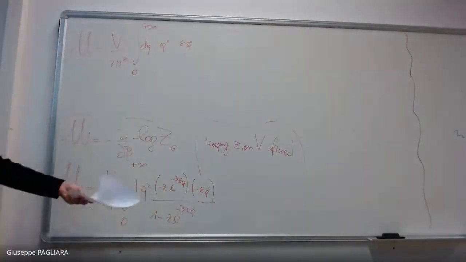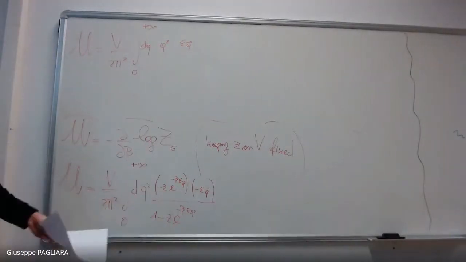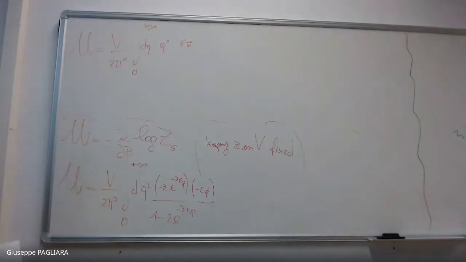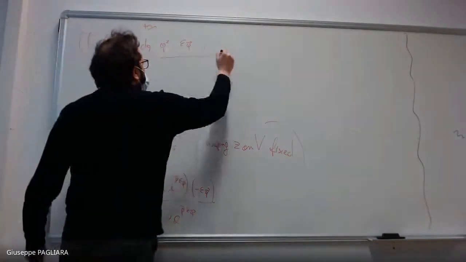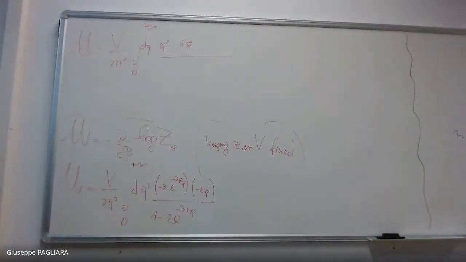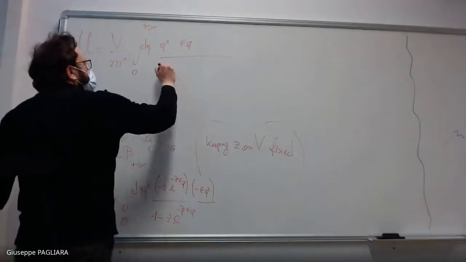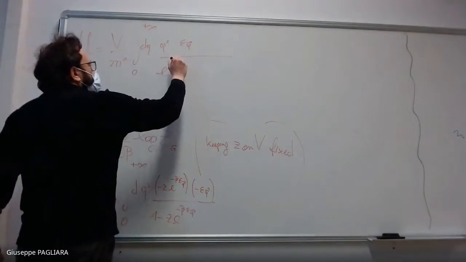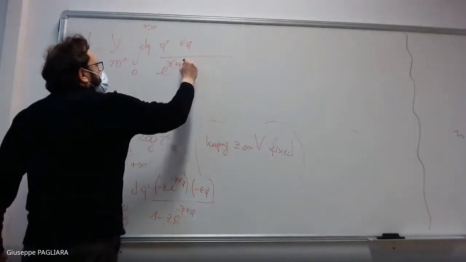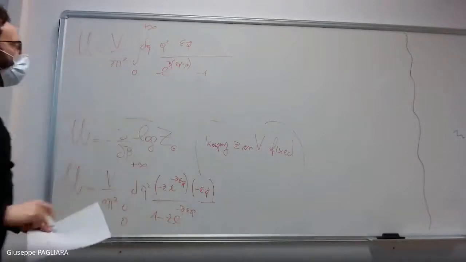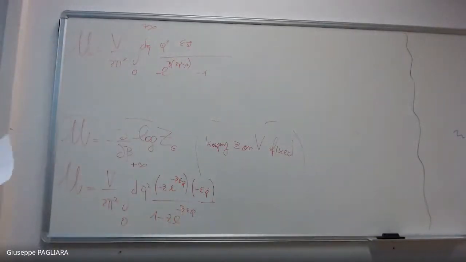Then I multiply by e to beta epsilon q, and I divide by z, and then I should get, as before, e to beta epsilon q minus mu minus 1.